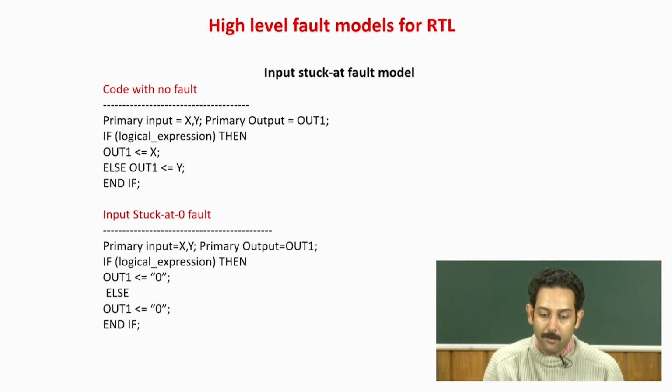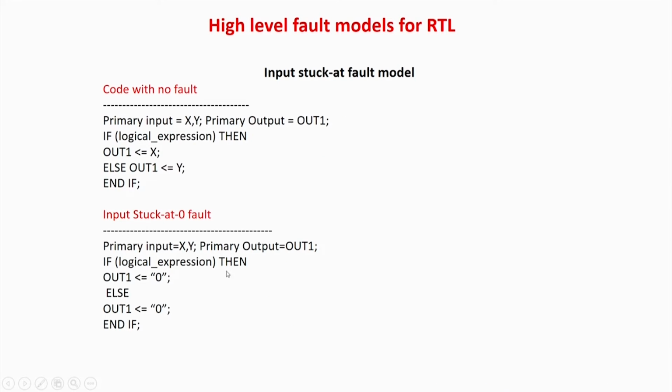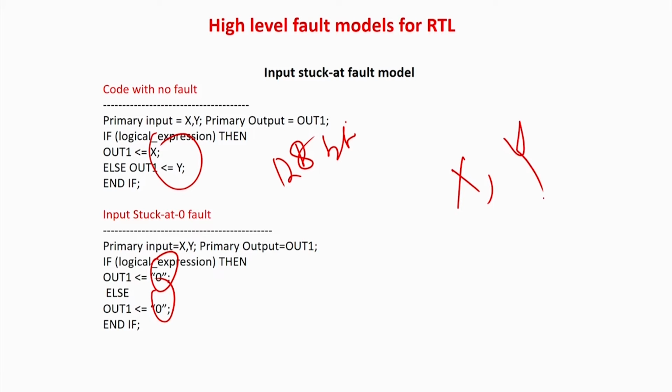So, the input stuck fault. I have a very simple code which says primary inputs x and y, output is out 1, and if some logic expression, then out equals x. Now x and y may be 128 bit numbers, but then what is a stuck at 0 fault? You will say that out equals 0, and that means all the inputs of x and y are stuck at 0.